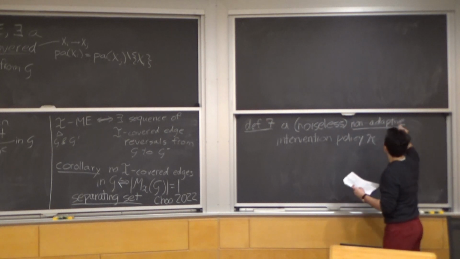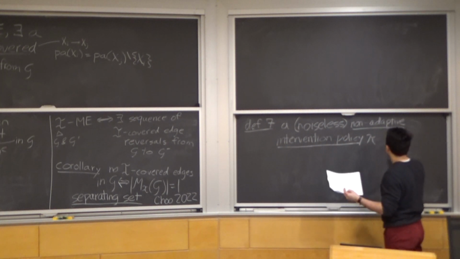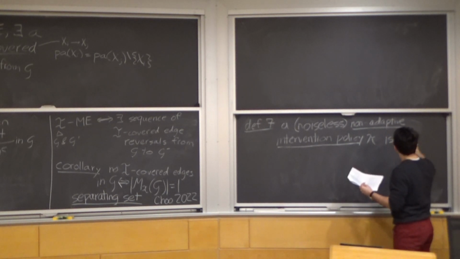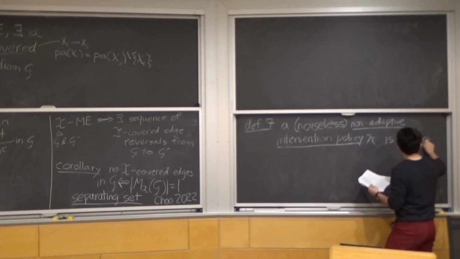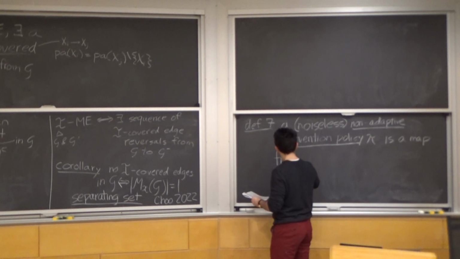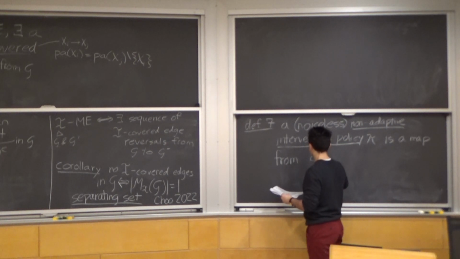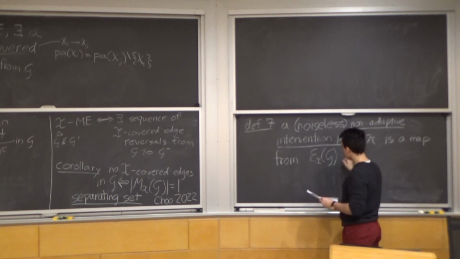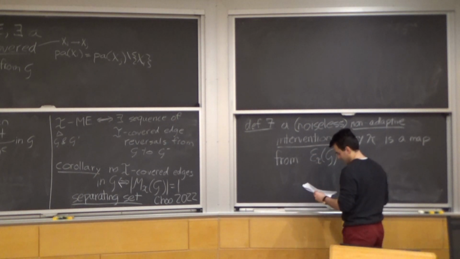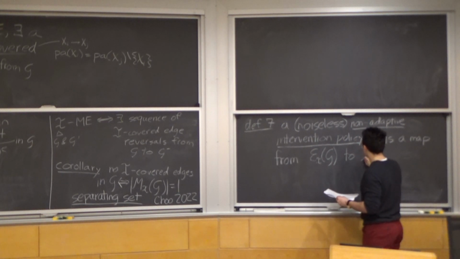We'll denote it pi, and it's going to be a map from some essential graph. So we can take any essential graph as input, and it gives a set of interventions.